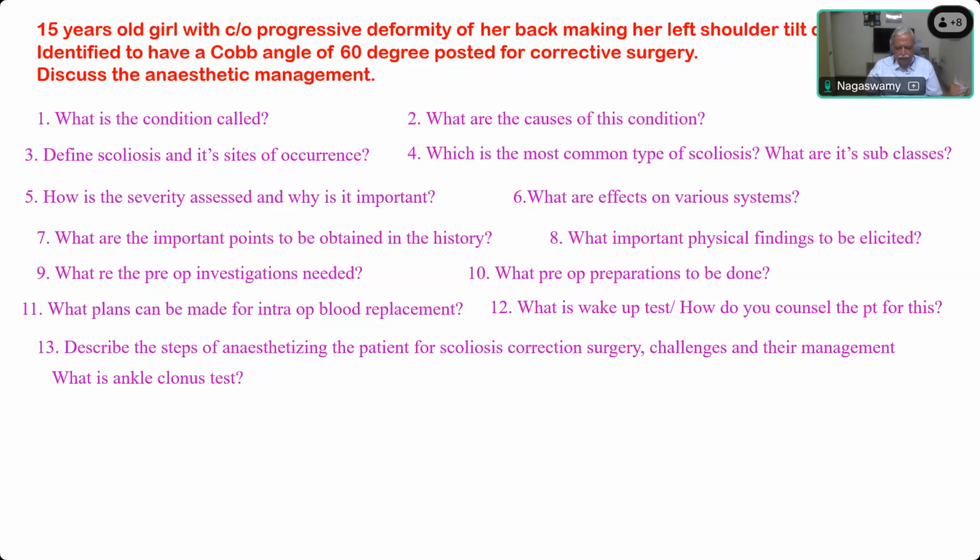This is quite easy in a regular spine surgery like a discectomy or a laminectomy. But in a thoracic spine scoliosis, it may be difficult to identify the transverse process, and the muscles also may be a little crooked. So instead of that, what is the easier method you can follow?